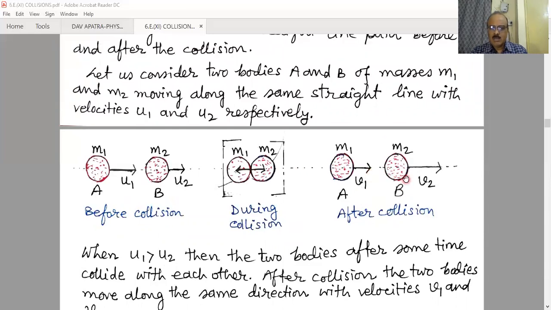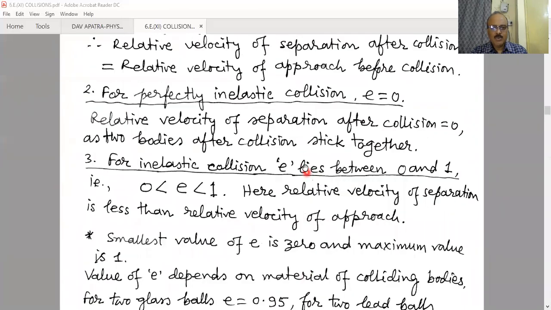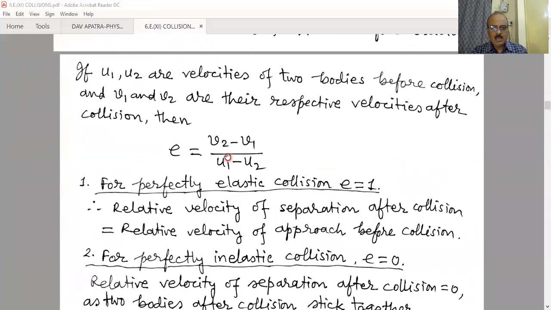The ratio is V2 minus V1 divided by U1 minus U2, so we can write E equals V2 minus V1 divided by U1 minus U2. Obviously, it is a pure number because it is the ratio of two relative velocities. It has no unit and no dimensional formula; it is a dimensionless quantity.